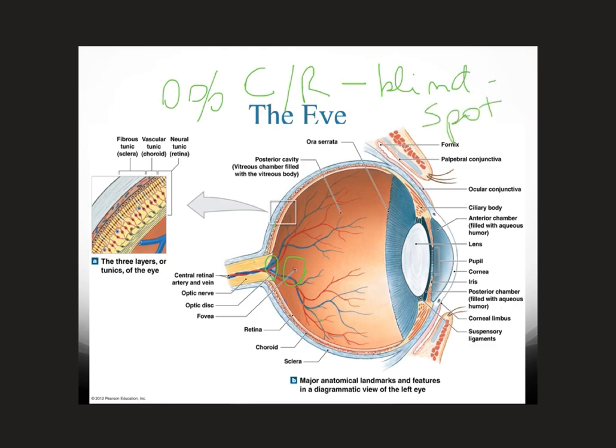Okay, so again, your optic disc has no cones or rods, and it's known as your blind spot. Whereas with your fovea, if you have something that you're looking at and it's concentrating right over here on the fovea, so this little dot right over here, here's where you're able to see the best things that are in color, because here's where you have the most concentration of cones.